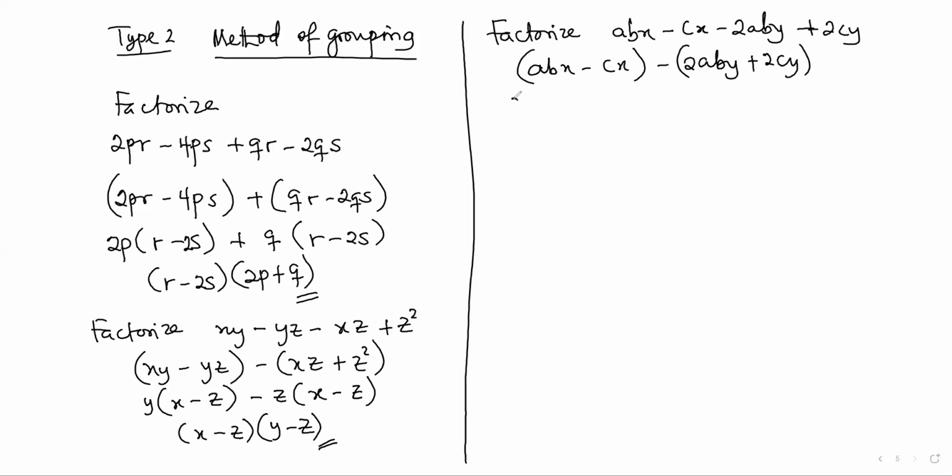What's common here? You see that it's x. So we are left with ab - c if you remove x. Over here, what's common? We have 2 being common, then we also have y being common. So we'll be left with, because we have already removed the 2, a. Then we have ab. Don't forget here must be minus c, so the negative times negative gives you positive. Since the brackets are the same, we pick one of them. Then outside the parentheses, which is x - 2y, also in one bracket. Hope you are getting it.